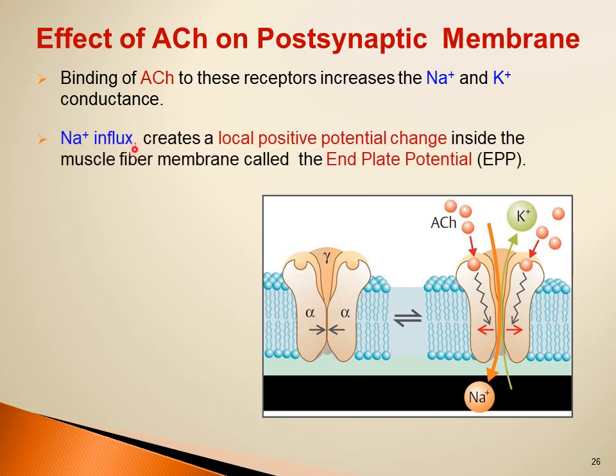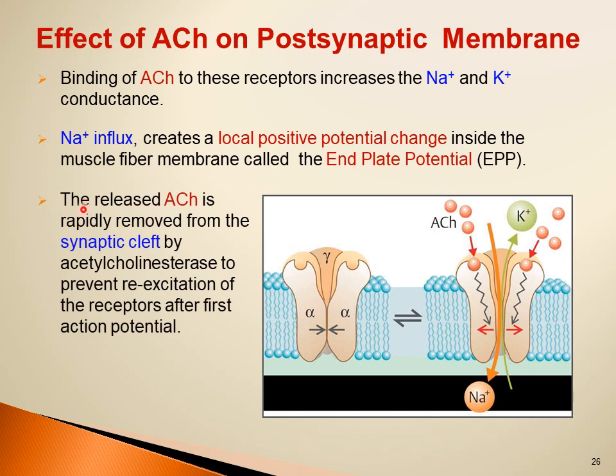Sodium influx creates a local positive potential change inside the muscle fiber that is called the end plate potential. The released acetylcholine is rapidly removed from the synaptic cleft through the enzyme acetylcholinesterase to prevent re-excitation of the receptor after the first action potential.